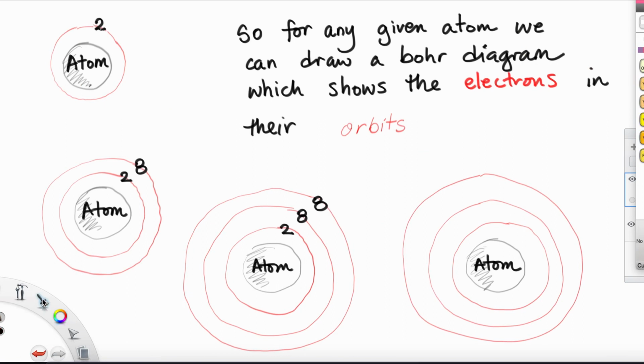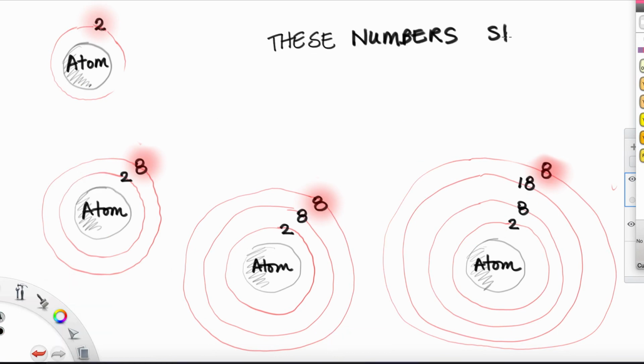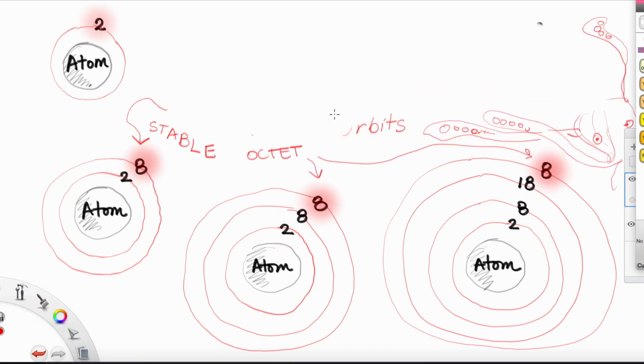And if we have 4 orbits, then the total number in each orbit are 2, 8, 18, 8. Notice that the last orbit can only contain 2 or 8. These numbers show the number of electrons that will fit in each of the orbits. And this 8 being the final orbit is known as a stable octet.